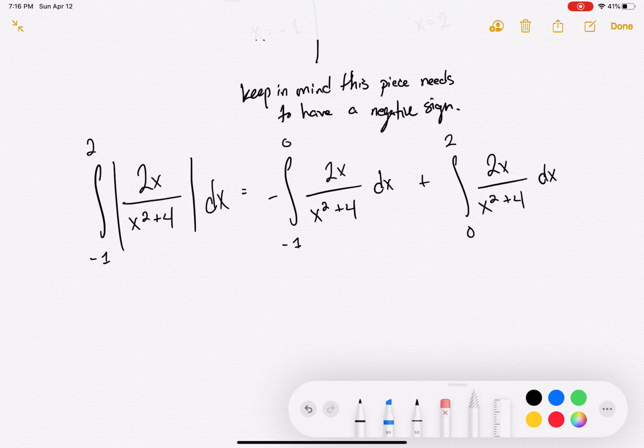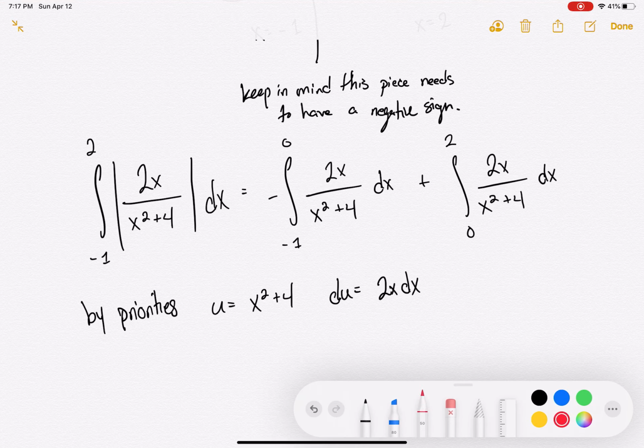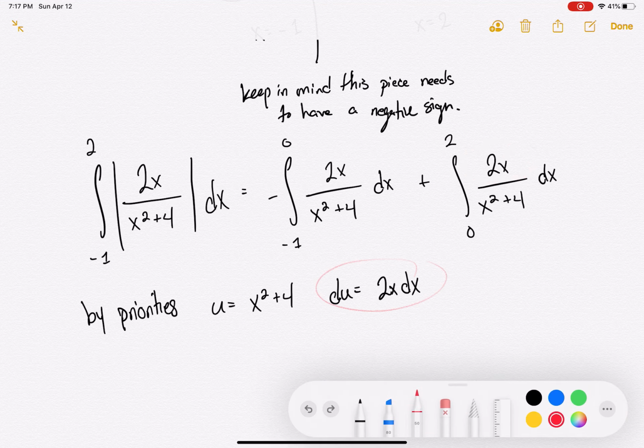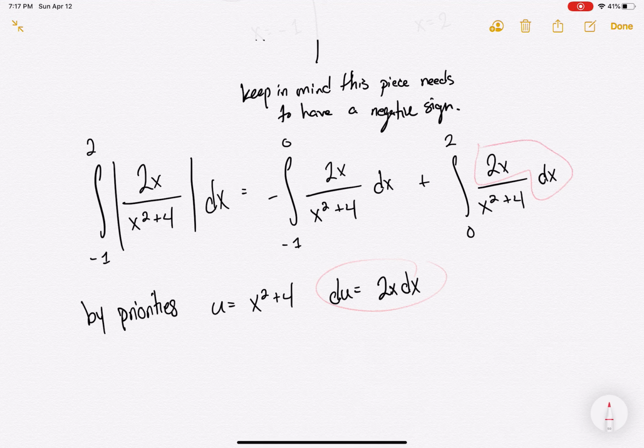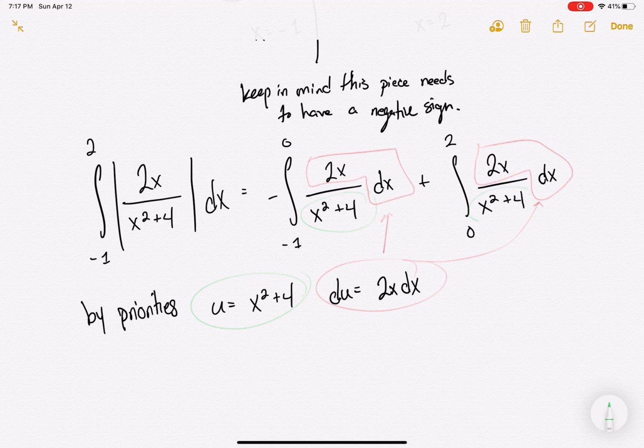So by priorities, we let u equal x squared plus 4, so that du equals 2x dx, and we have exactly what we wanted for du and exactly what we wanted for u.